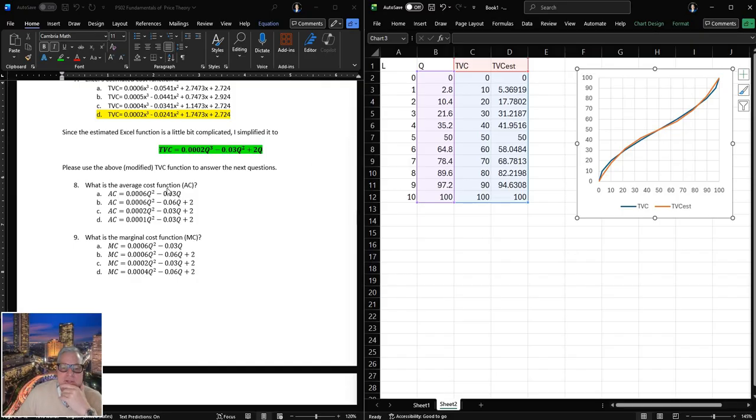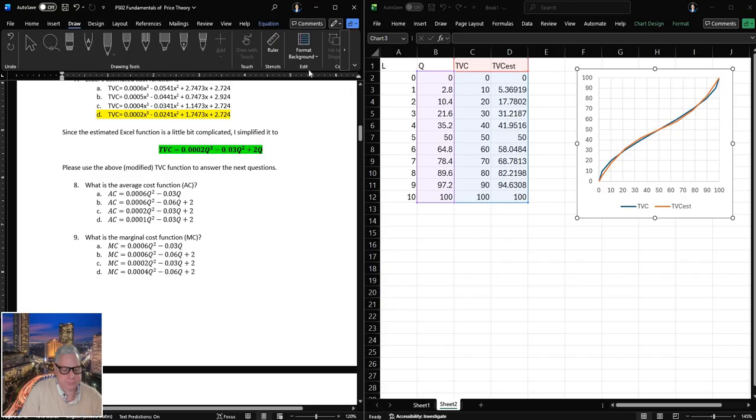And the question is, what is the average cost function? So in this case, the average cost is total cost.